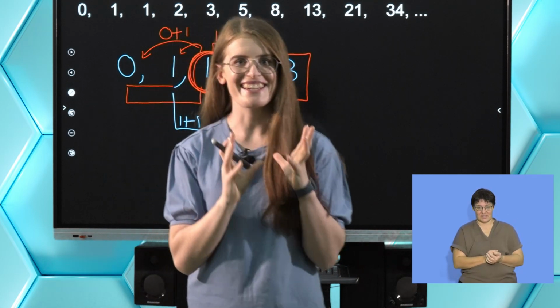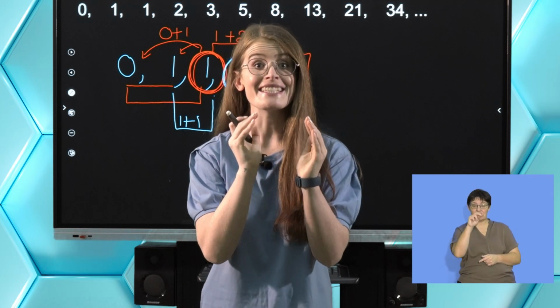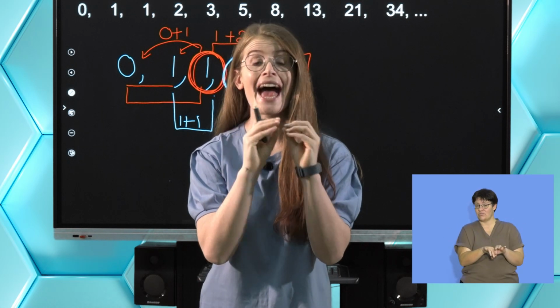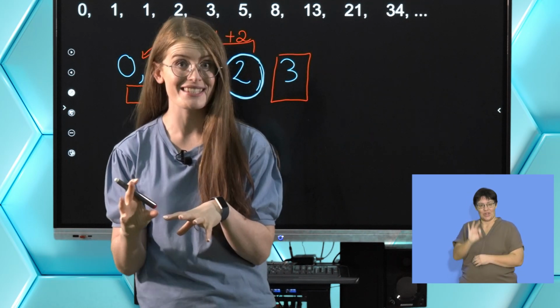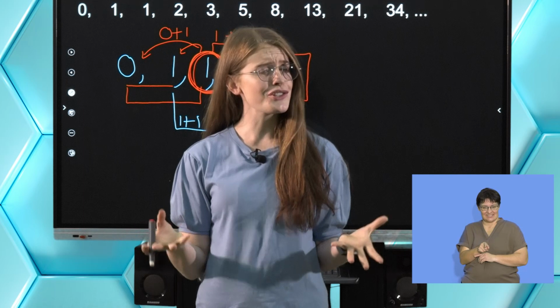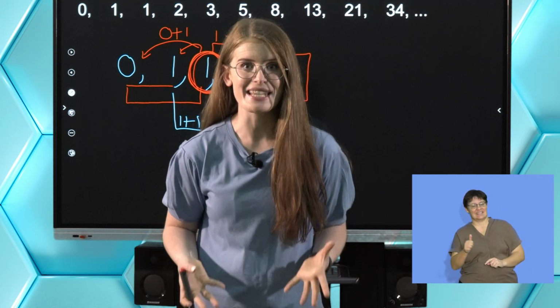So I'm going to say that again. Each term value is equal to the sum, so I mean adding the two values of the terms that come before it. So this rule is going to help me find the next two terms of the sequence.